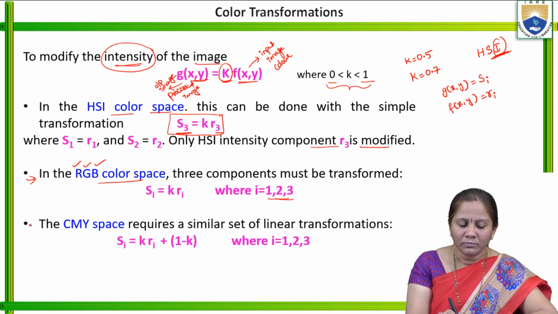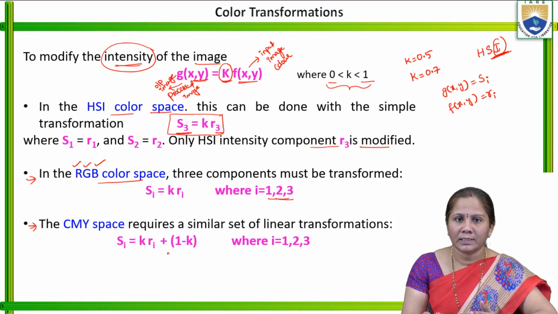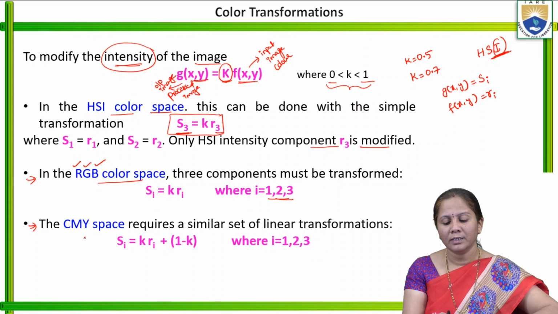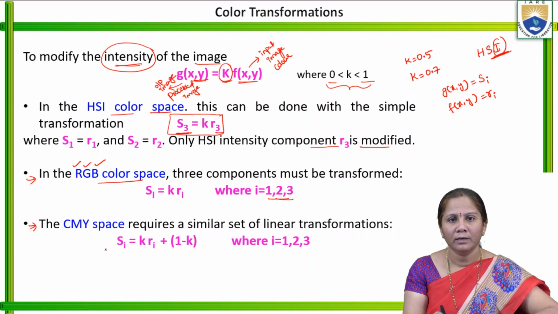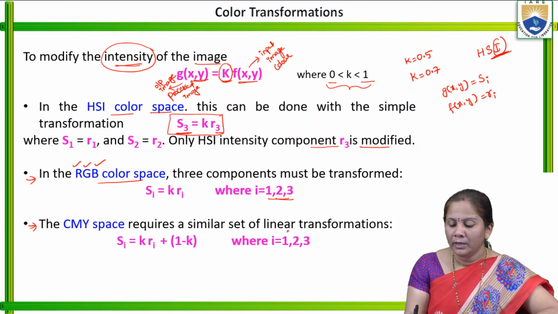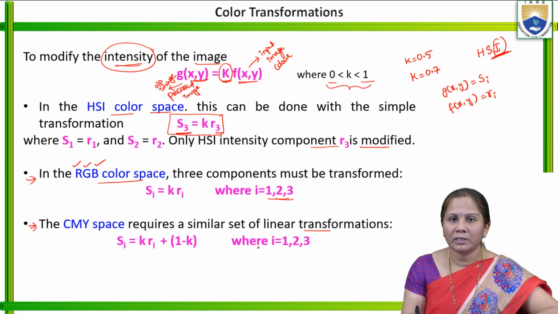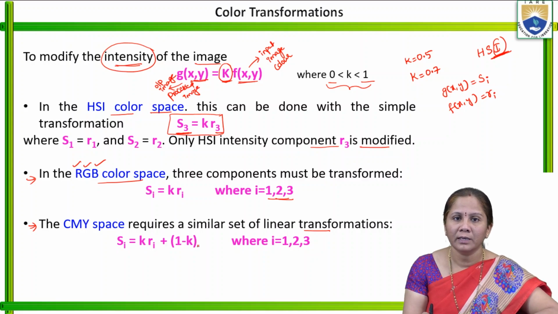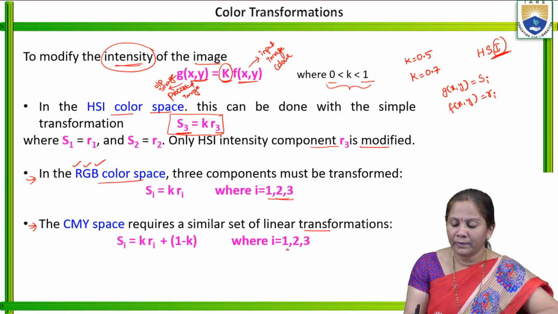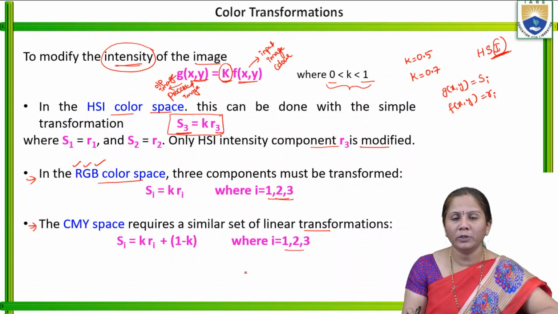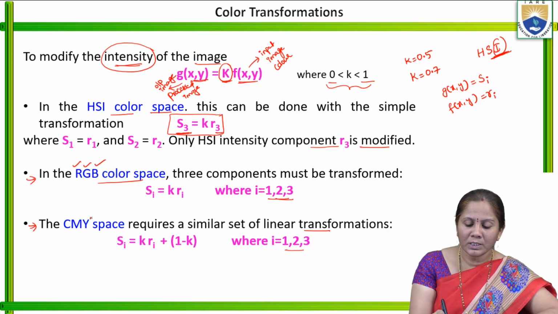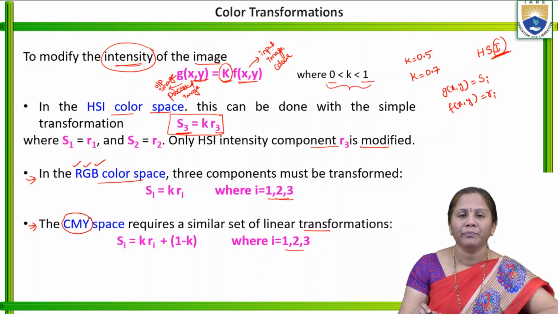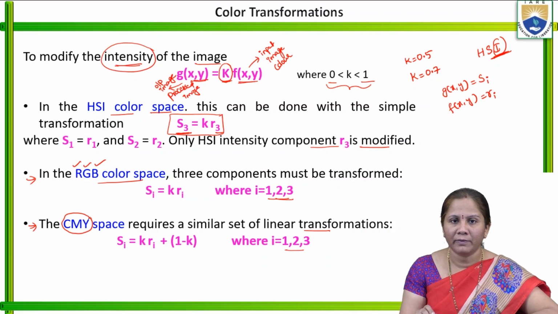Coming to the next color model, that is the CMY color model. It requires a similar set of linear transformation. So we can write it as Si is equal to K into Ri plus 1 minus K. Here also i is selected as 1, 2 and 3, because only 3 color components are available.